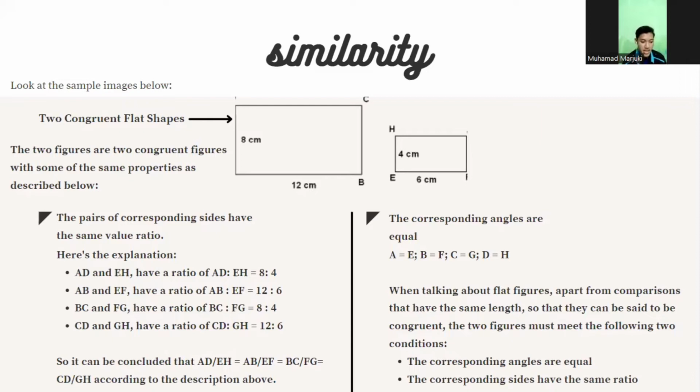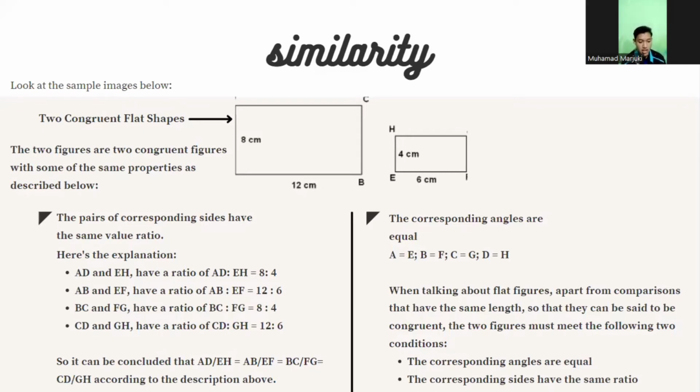Next, BC and FG have a ratio of BC to FG equal to 8 to 4. And then CD and GH have a ratio of CD to GH equal to 12 to 6.